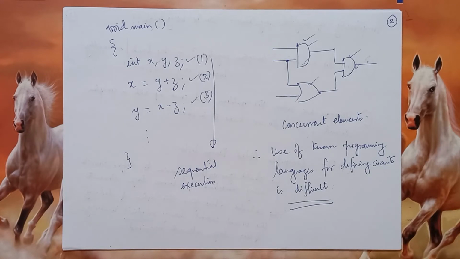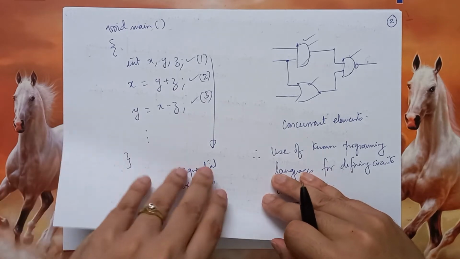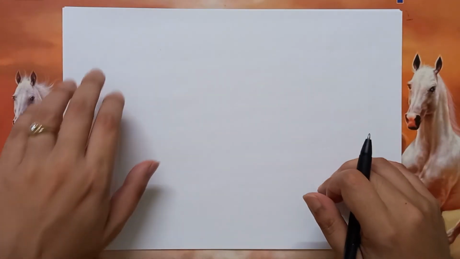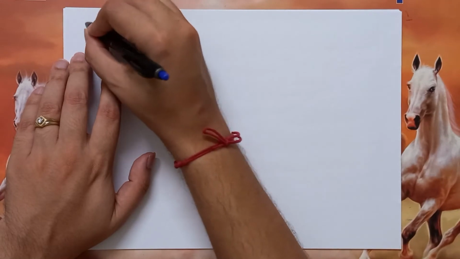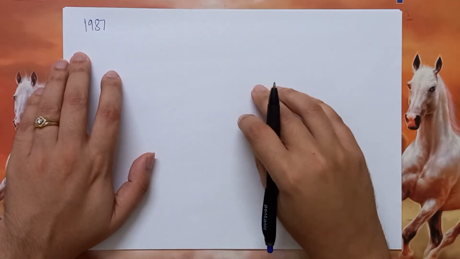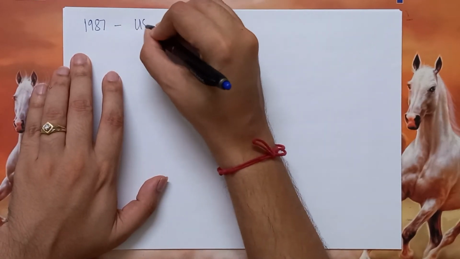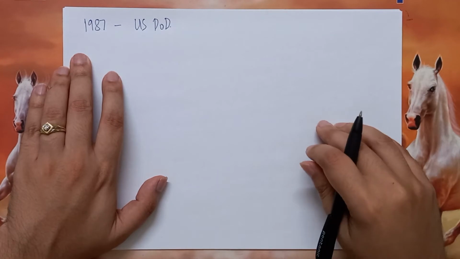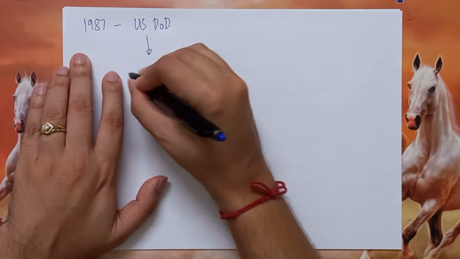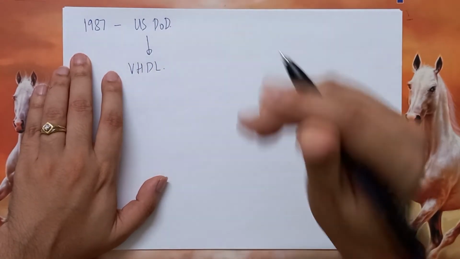So therefore, in the 1980s, many people started working to develop languages suited towards circuit design, languages with which we can define circuits. In the year 1987, one language was developed by the United States Department of Defense, called VHDL.